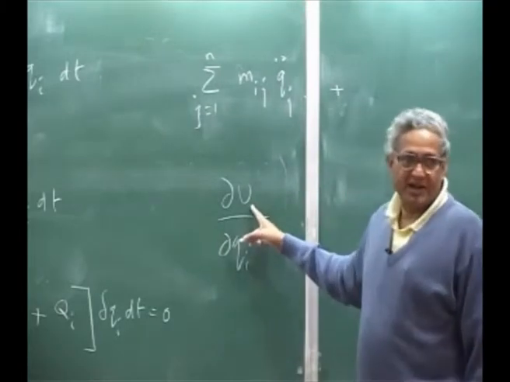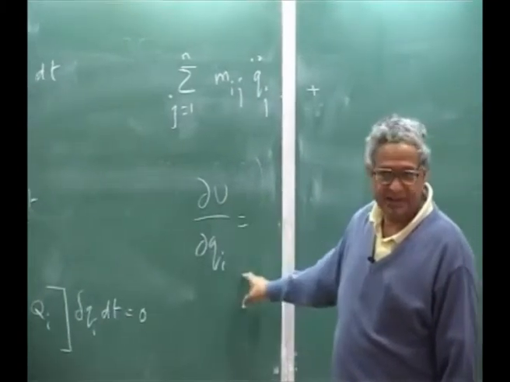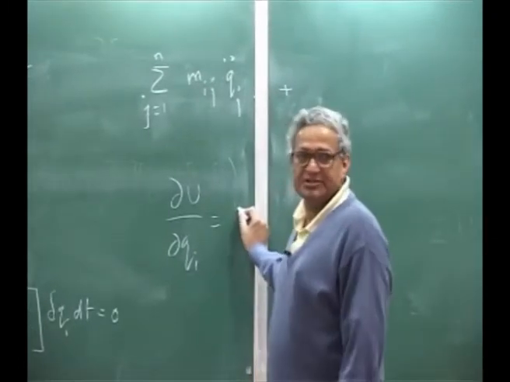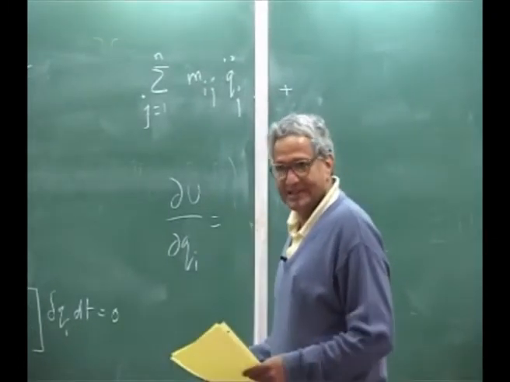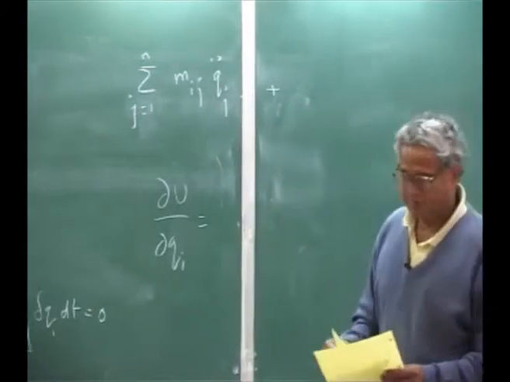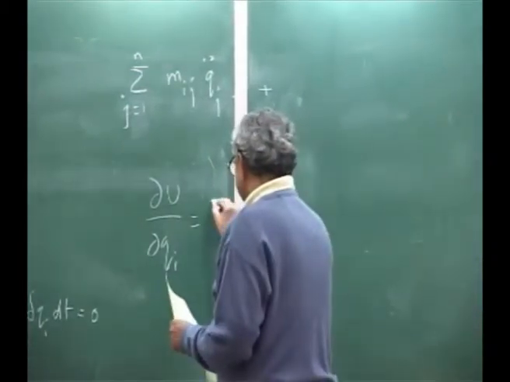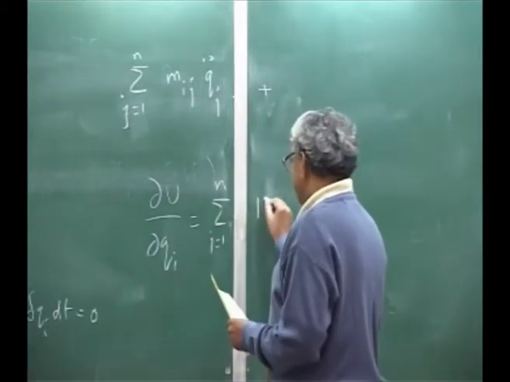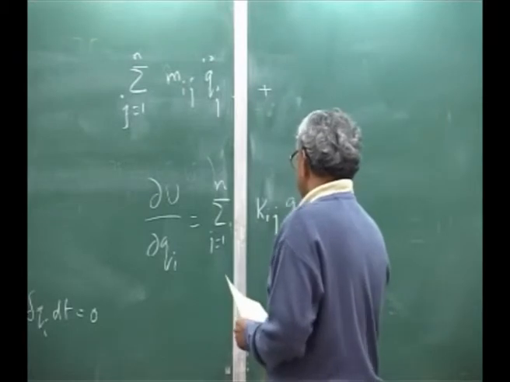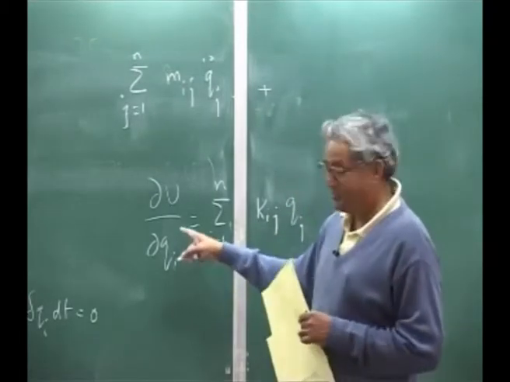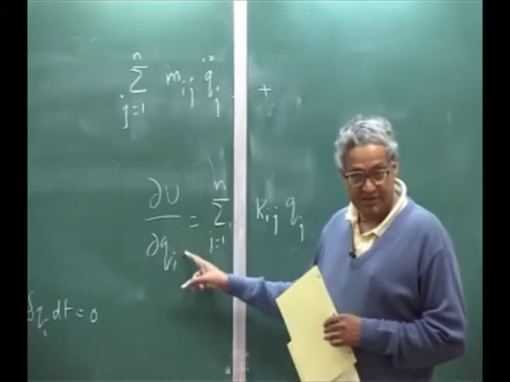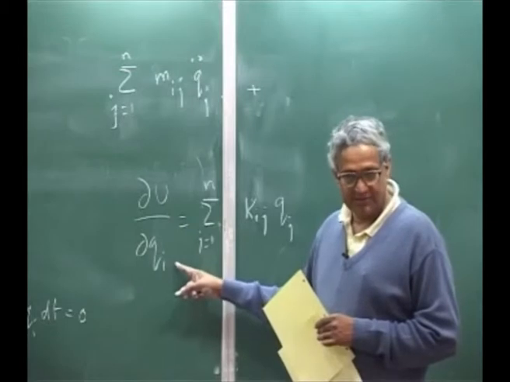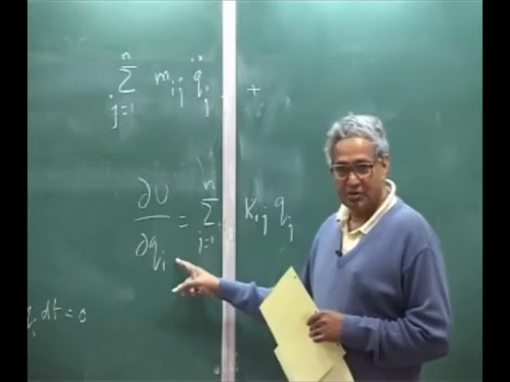This is also a quadratic function of the generalized coordinate. So I am going to write it as some stiffness matrix into q, that is how I will write it here. j running from 1 to n, k_ij q_j. So please understand, I am taking u as a quadratic function of q_i. That is, the strain energy is a quadratic function of the generalized coordinate.